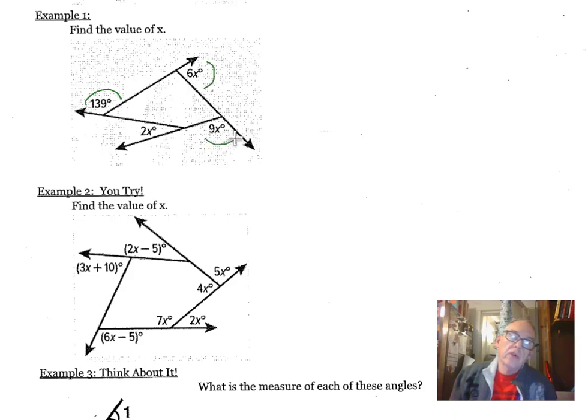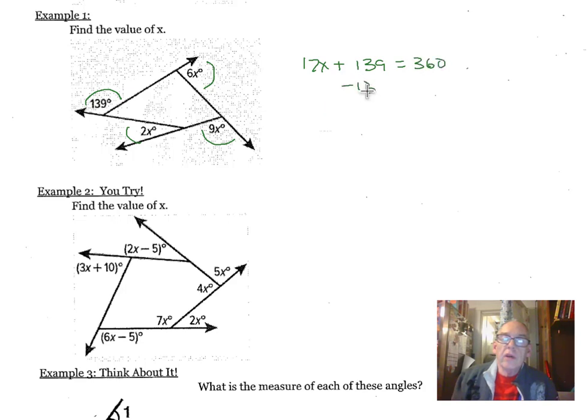Going this way, exterior angle. Going this way, exterior angle. So we have 4 sides, 4 exterior angles. These angles need to add up to 360 degrees. Looking at the x's, we have 17 x's plus 139 equals 360.